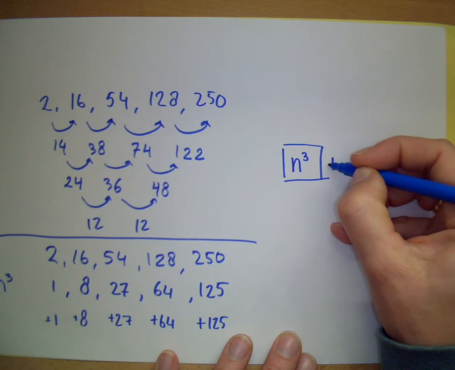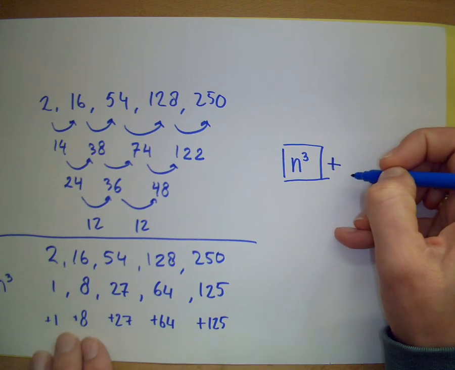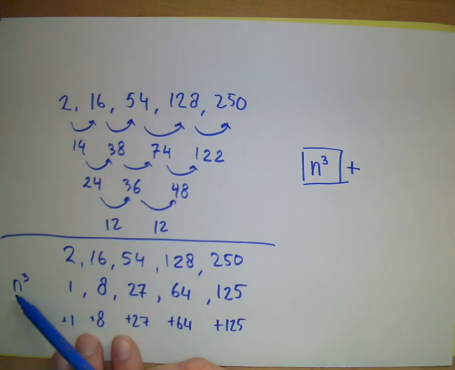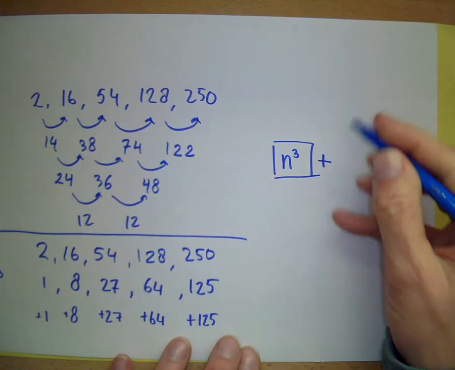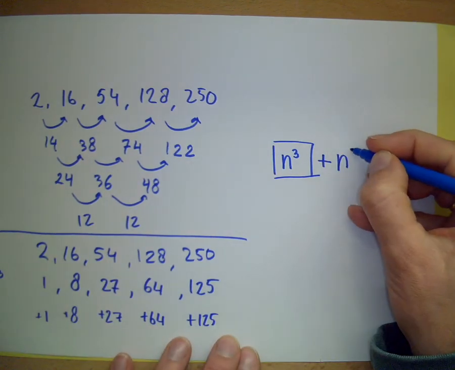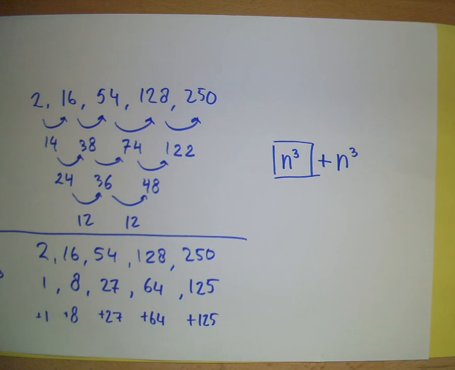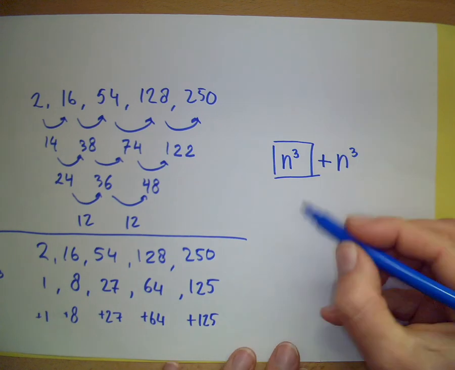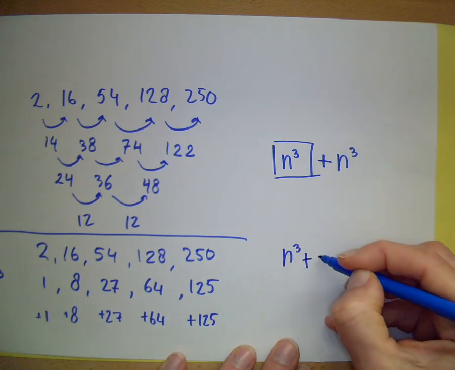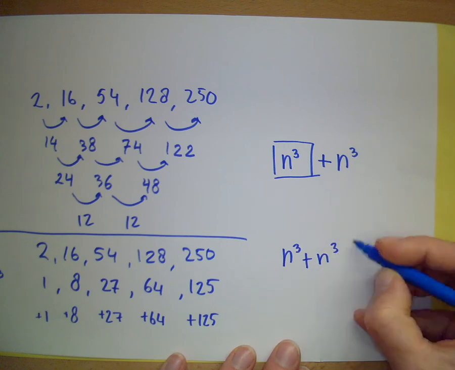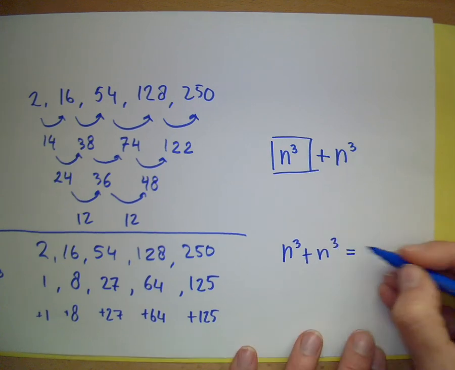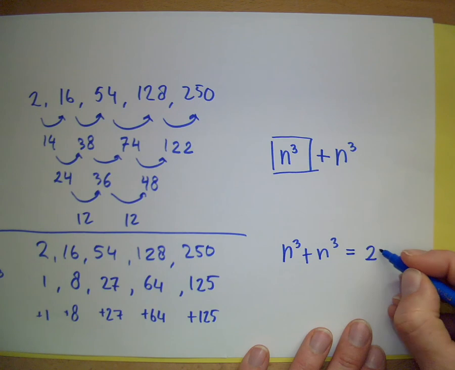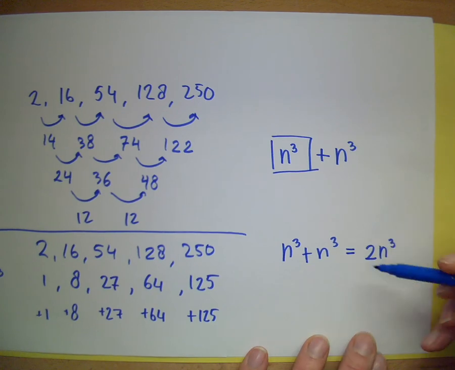What we're actually adding is the n cubed sequence itself, right? So add the n cubed sequence itself. Now we can simplify n cubed plus n cubed, right? They are like terms, so we can collect them, put them together. We'll have 2 of them, 2n cubed.